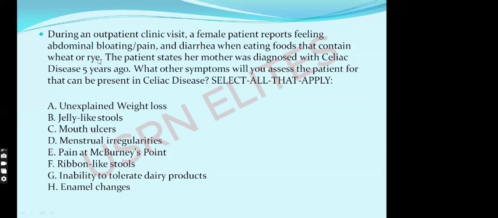Remember the brown diet we talked about. The patient states her mother was diagnosed with celiac disease 5 years ago. What other symptoms will you assess the patient for that can be present in celiac disease? So you select all that apply.